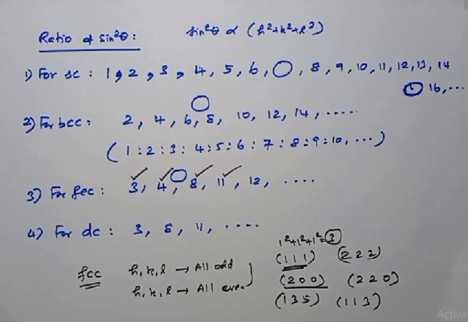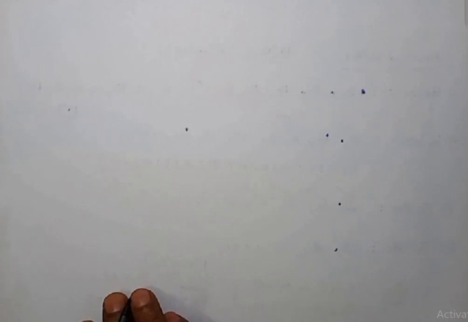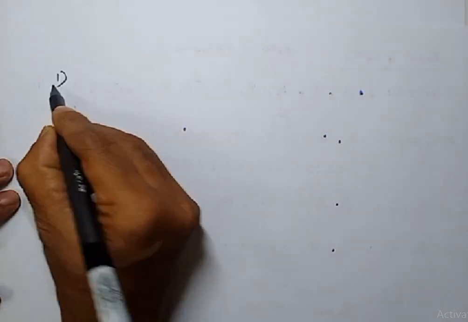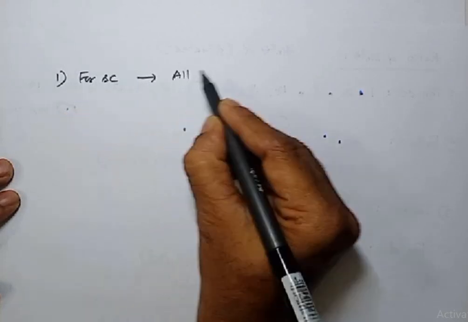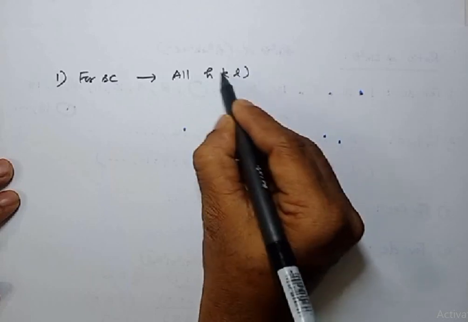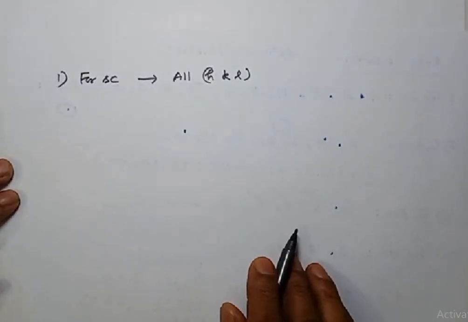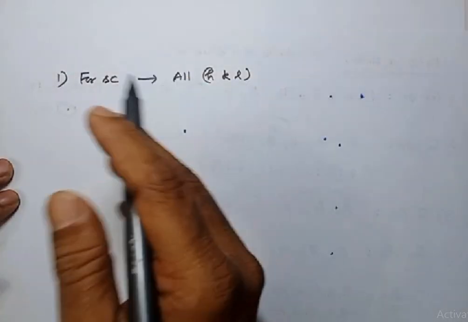For DCC, let me write on the next page. Listen, I gave the extinction rules, I'll give once again. Just remember, for simple cubic crystals, all HKL values are allowed. H can be anything, K can be anything, L can be anything.